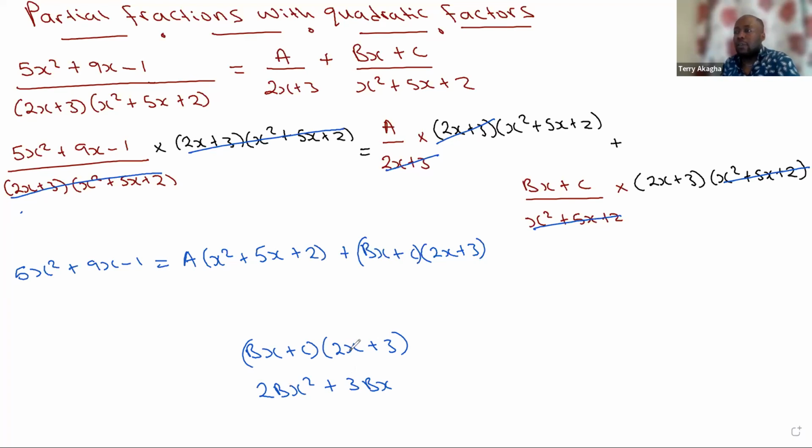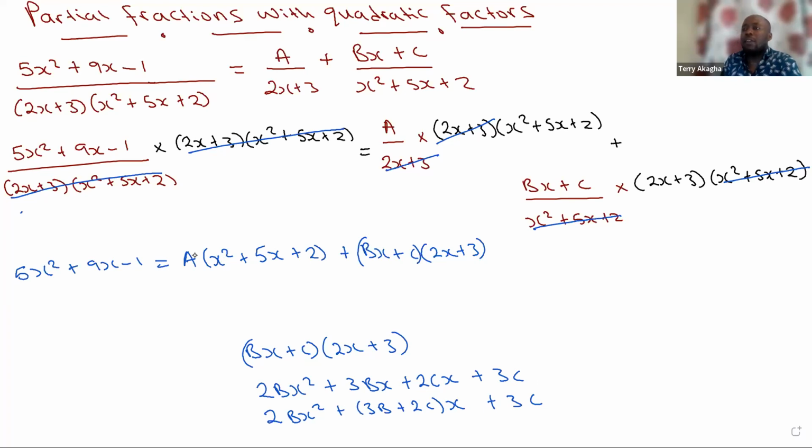Then c times 2x will give you plus 2cx. Then c times 3 will give you plus 3c. Now if you collect like terms, what is common here? 3b and 2c. So it's going to give me 3b plus 2c times x. Are you seeing it? Plus 3c.